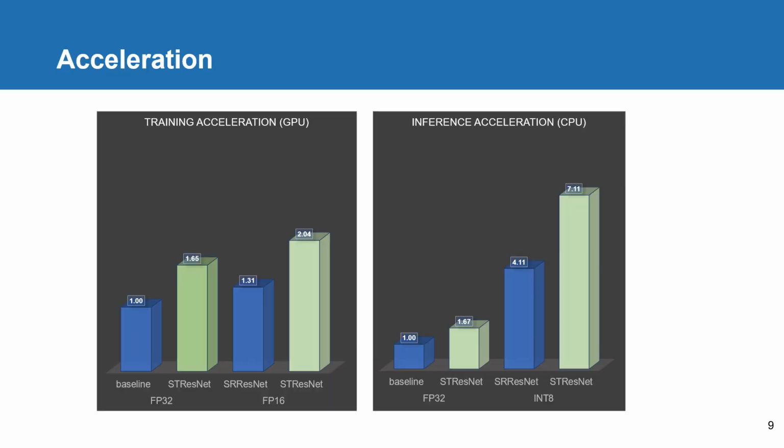Especially when looking at the acceleration factor, combining with the spatial-temporal convolution, 8-bit quantization can achieve up to 7.11 acceleration in inference. And using ST-ResNet alone can also speed up by a factor of 1.67. And we also see a similar trend in training speed-up.